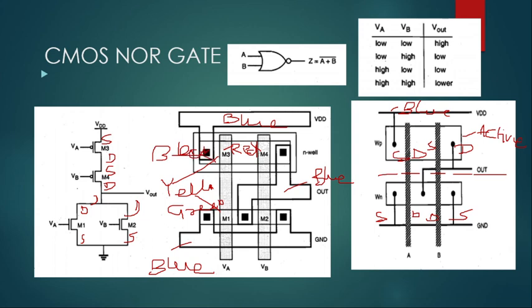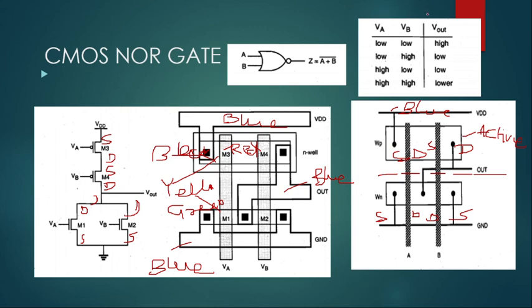Okay, so for the time being, please practice this CMOS NOR gate. If you find any confusion or any problem in making it, you can please write it in the comment section, then I will make a separate video for it and show it in the same way that I have shown for CMOS NAND gate. But it is not at all difficult, only the flipped version should be made.